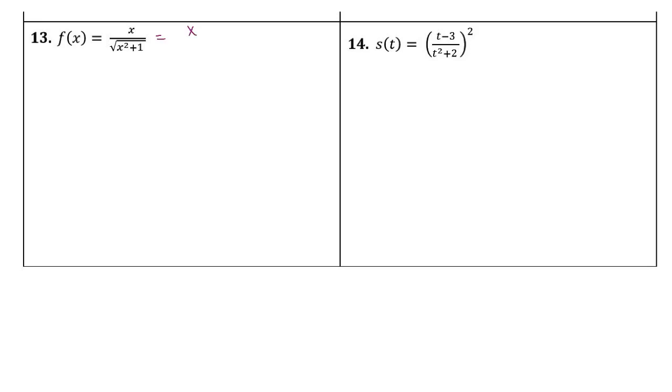Looks like we're going to have to rewrite and use our quotient rule here. So the denominator, do you remember, that changes to x squared plus 1, all raised to the 1/2 power. So f prime at x, we have the bottom times the derivative of the top minus the top times the derivative of the bottom, and we're going to need our chain rule here.